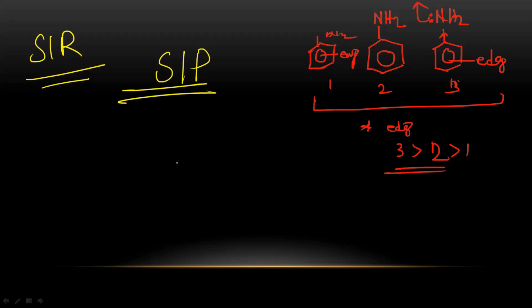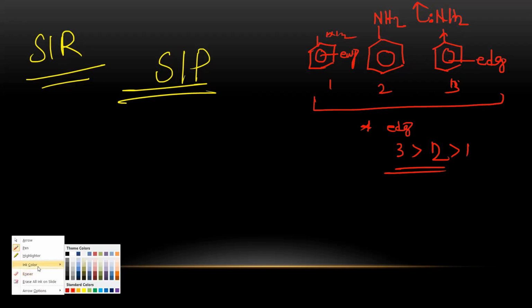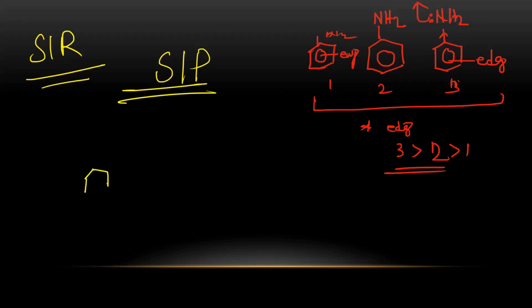Okay, now the problem arises when in aniline, if I add different groups. For example, it is our cute aniline NH2. Now there is one group. Now what happens if I want to compare stability of different aniline molecules?